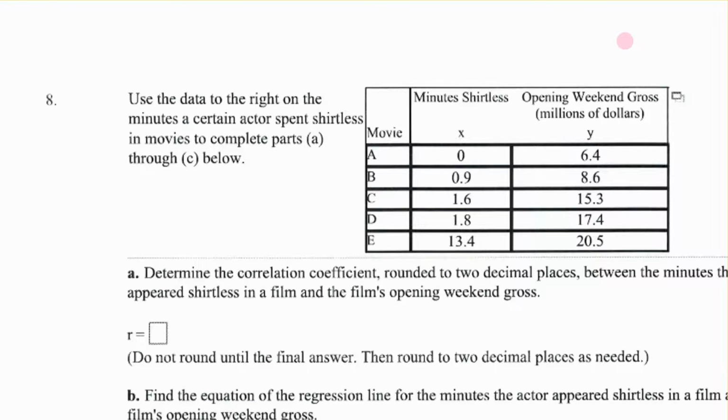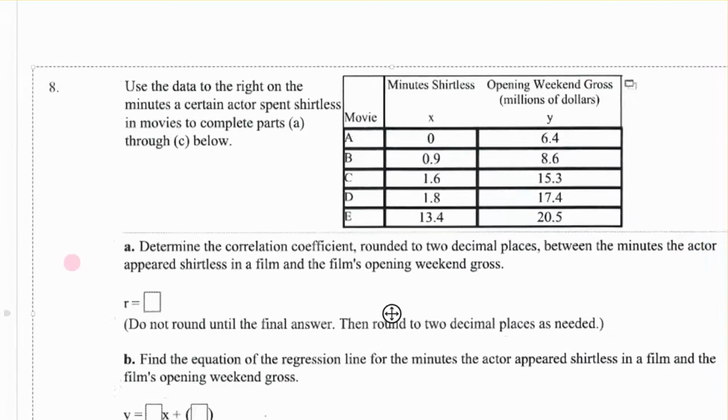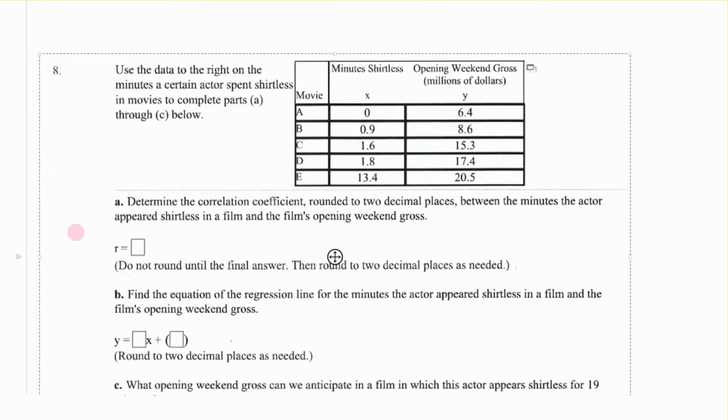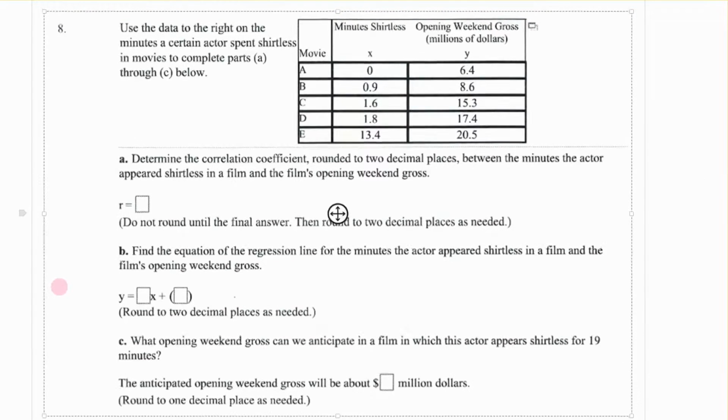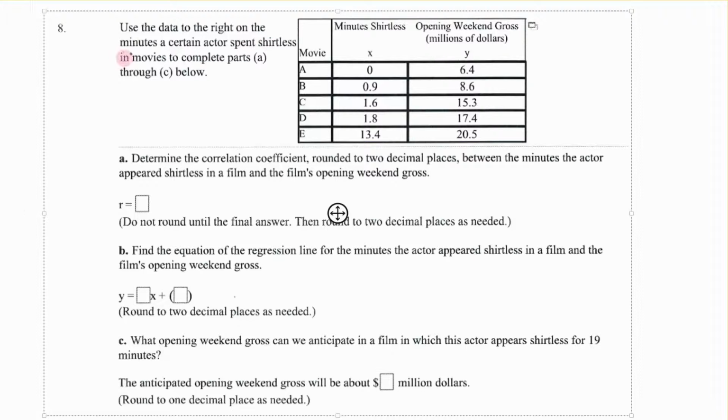Let's look at number 8. We have a few things to do on this one. Make it a little bit smaller. All right. Use the data to the right on the minutes a certain actor spends shirtless in a movie. This is minutes shirtless compared to opening weekend gross in millions of dollars.